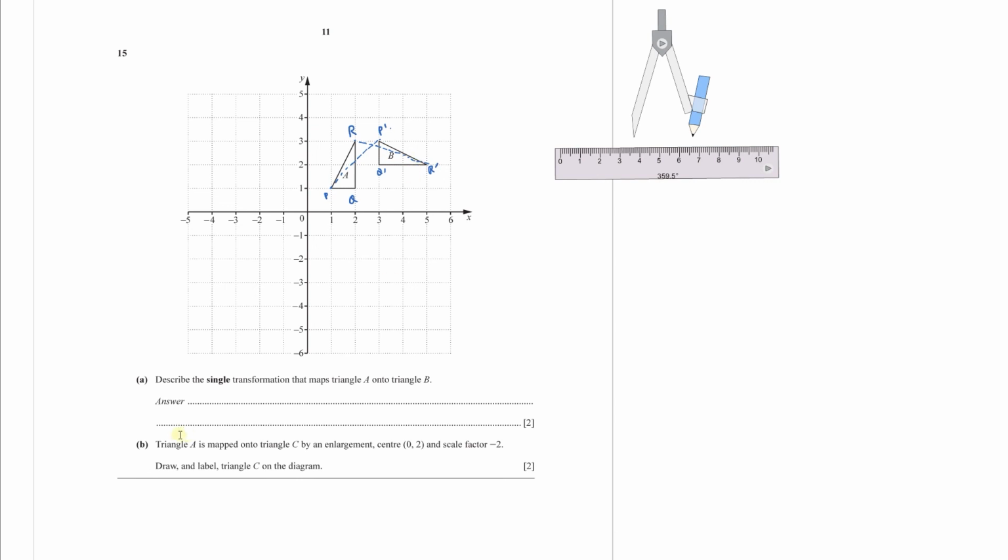So now to find the center of rotation, you have to draw the perpendicular line bisector of these lines, P P prime and R R prime, and the intersection of those two line bisectors will give you the center of rotation. So let's first draw the perpendicular line bisector for line P P prime. If I place the compass at P here, I have to open it up more than halfway.